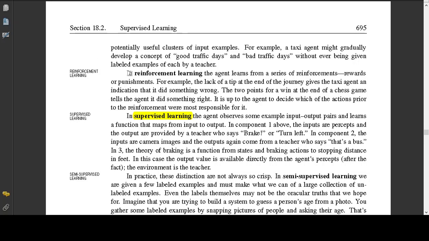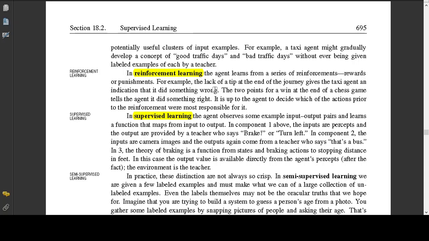Then the third category is reinforcement learning. It is a series of reinforcement. That means when it does the right thing, we give the system a reward, and if it gives a wrong answer, we punish it.